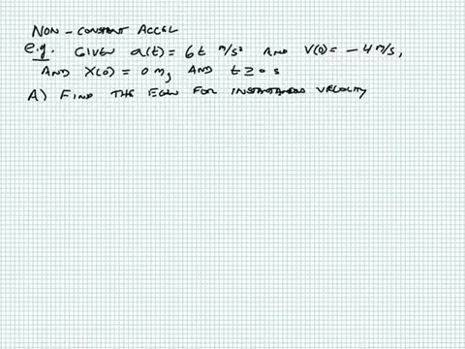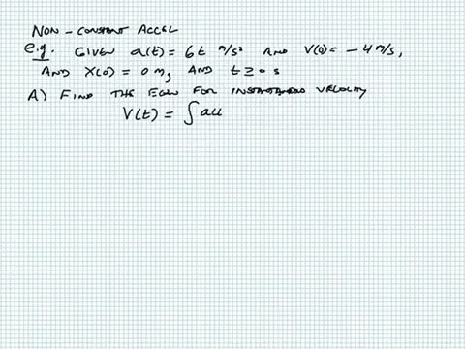So using our relationship with the antiderivative, we know that the instantaneous velocity as a function of time is going to be the antiderivative of the acceleration as a function of time. This is very similar to solving systems of differential equations, which we did yesterday.